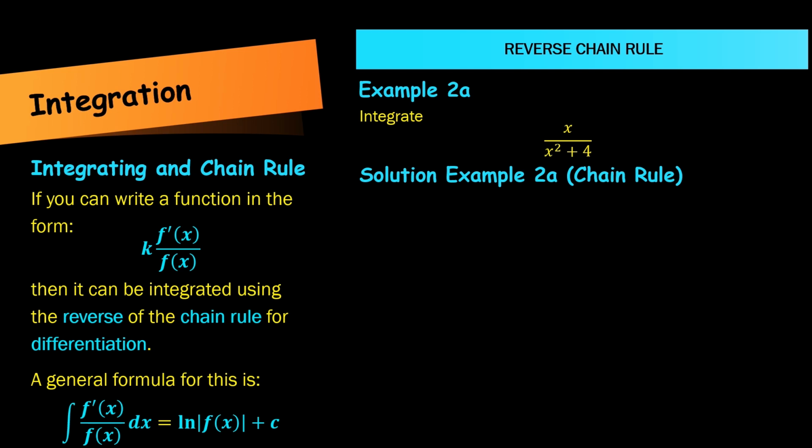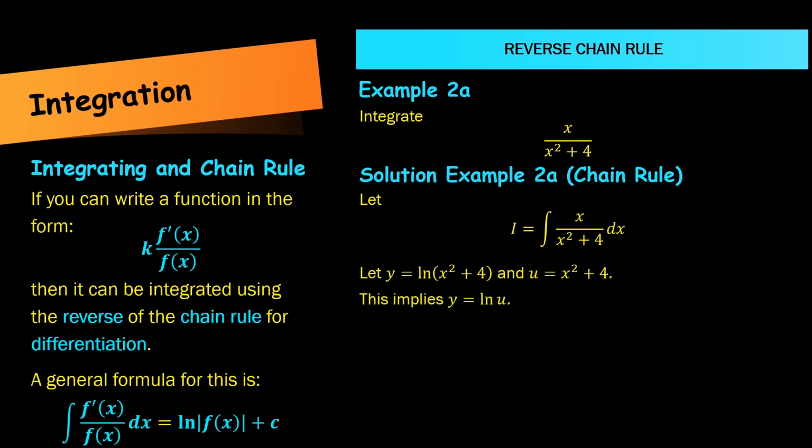So let's solve this. We're going to solve this by using the chain rule directly rather than the formula. We begin by letting I equal our desired integral. If we let y equal ln of x squared plus 4 and u equal x squared plus 4, then we have that y equals ln of u.